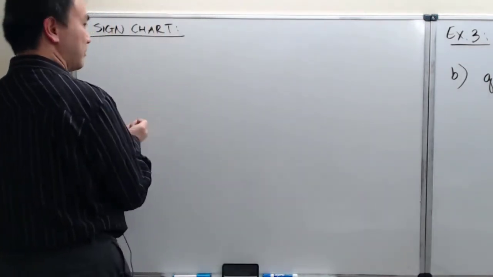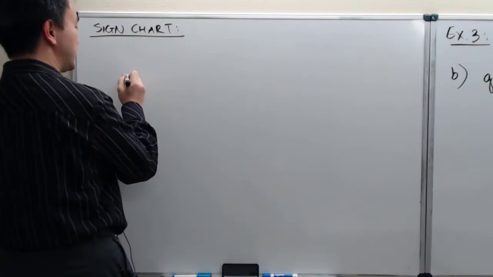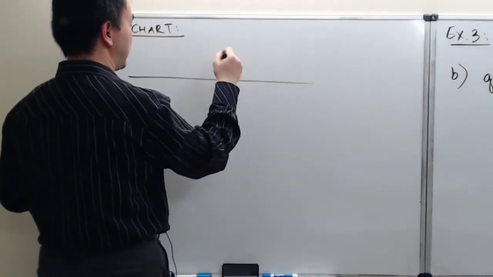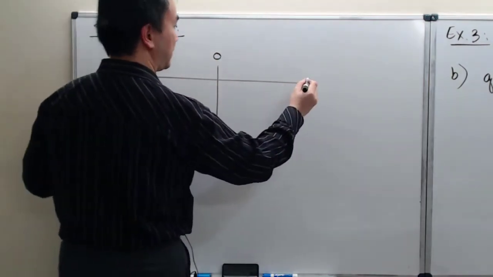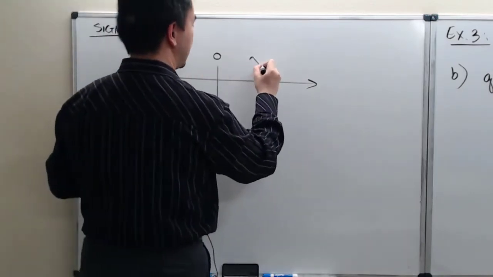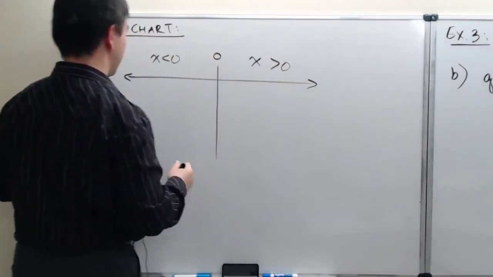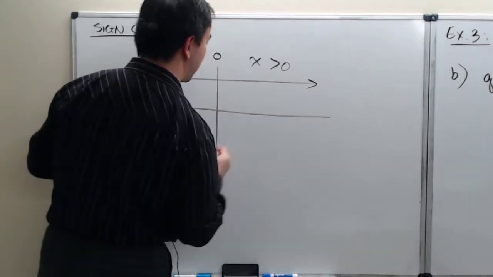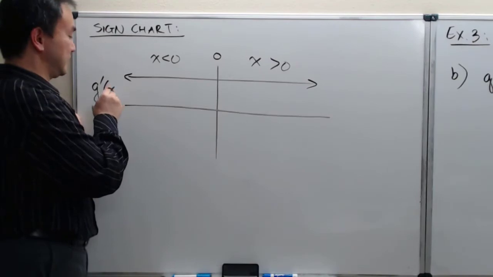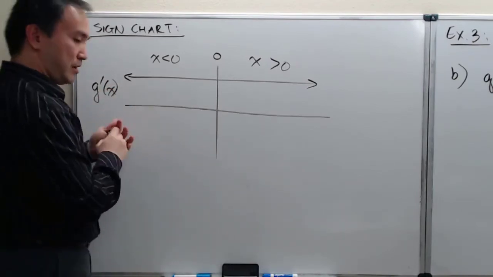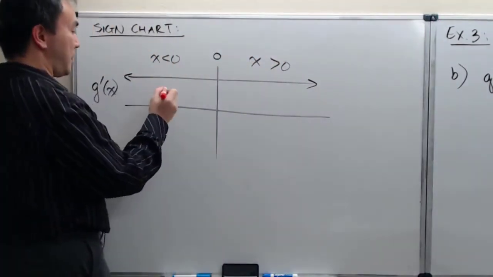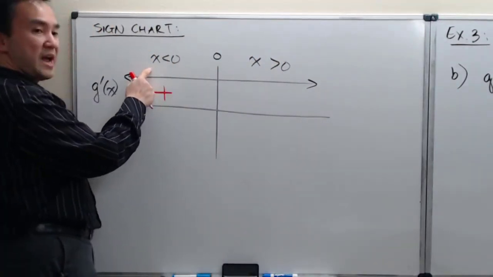So for our function, we only had one critical value, so x equals 0 is here, and think about this line as the line of real numbers. This is x less than 0, and this is all the x values greater than 0. According to our sign chart, g prime of x has a positive output in the interval where x is less than 0.